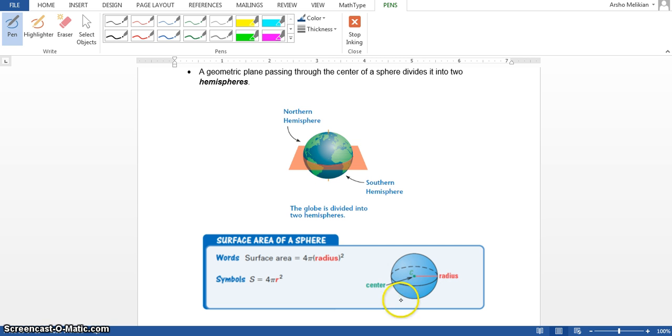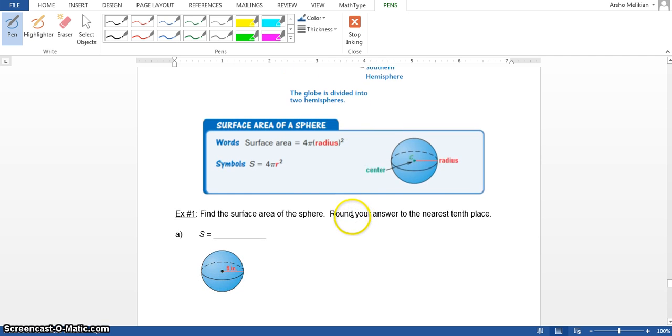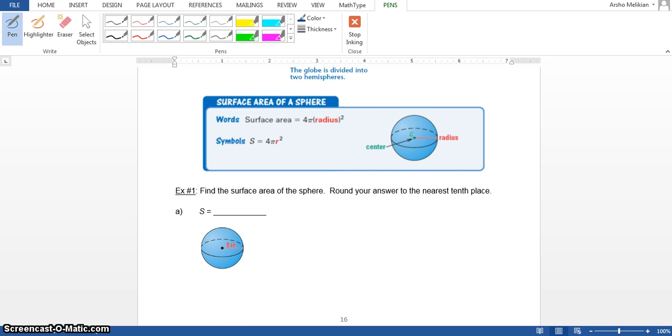If this is the sphere, then the radius is the distance from the very center to the outer edge, very similar to a circle. If you want to find the surface area, this is how much paper, let's say, you would need to cover all of the surface of the sphere. The formula is 4 pi r squared, or how much paint you would need and so on.